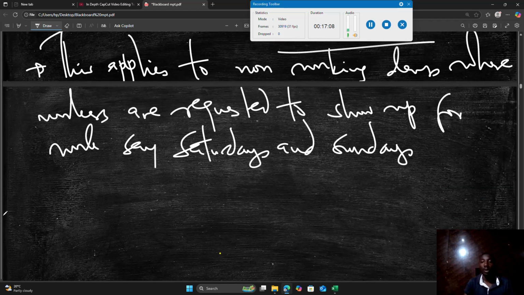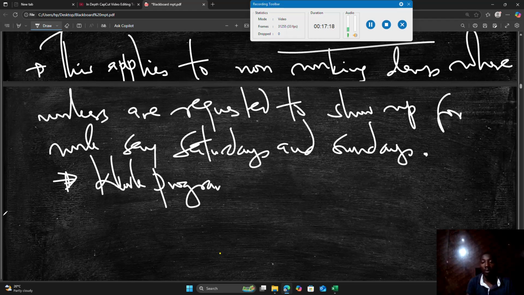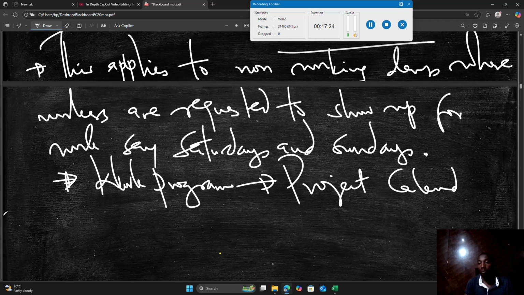When you're exiting a project, you will be asked to give a work program, and this work program will be hinged on your project calendar, and the project calendar will state the working days.